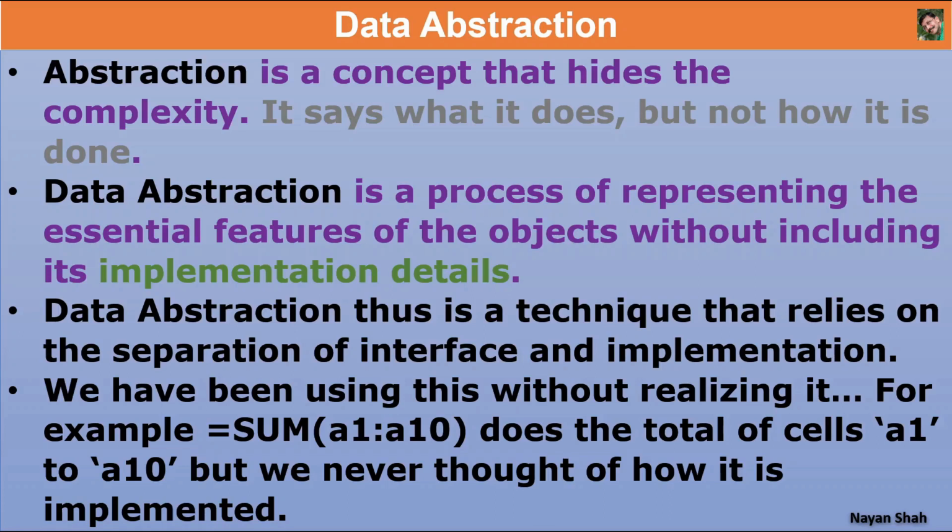But how that calculation is done, that implementation detail is kept hidden from the user. We know that pressing the power button of the CPU will turn the computer on. But what actually happens inside when we press the power button, that implementation is kept hidden from the user. So that is called data abstraction.